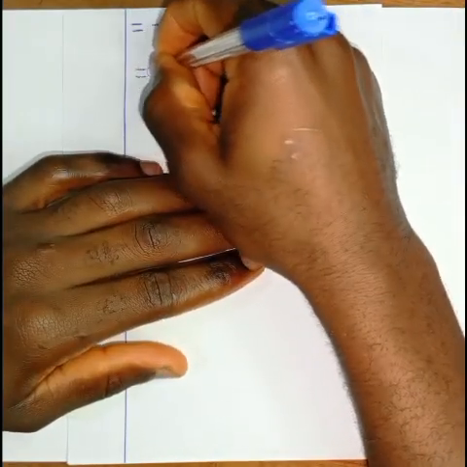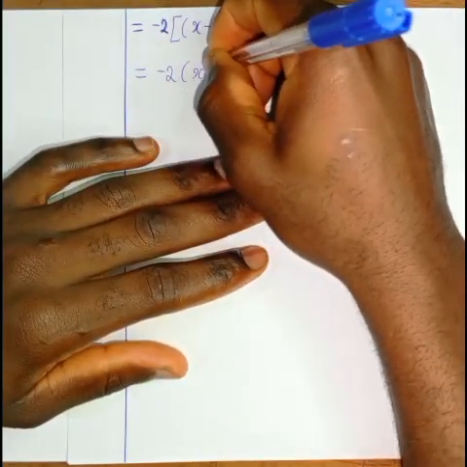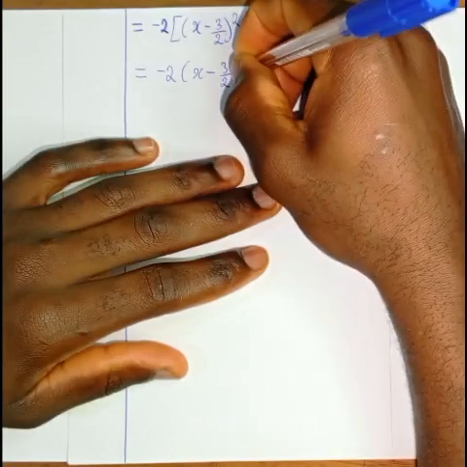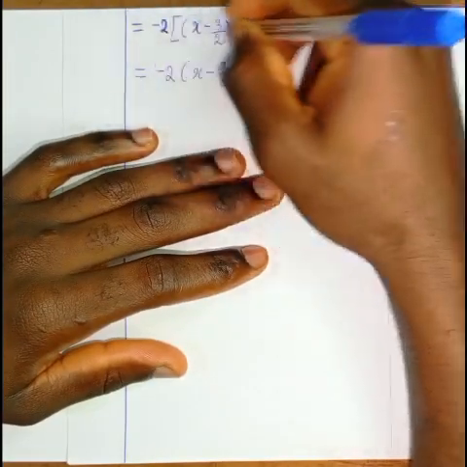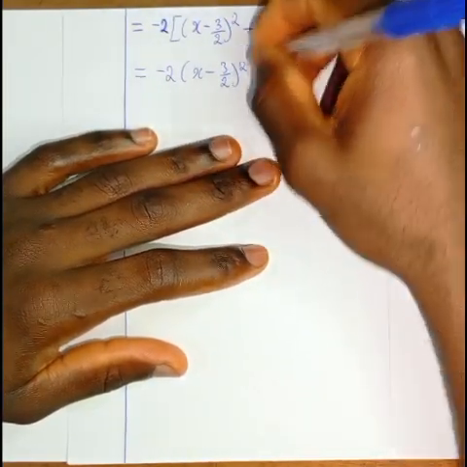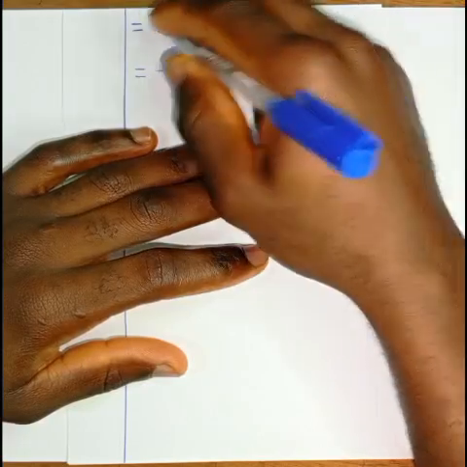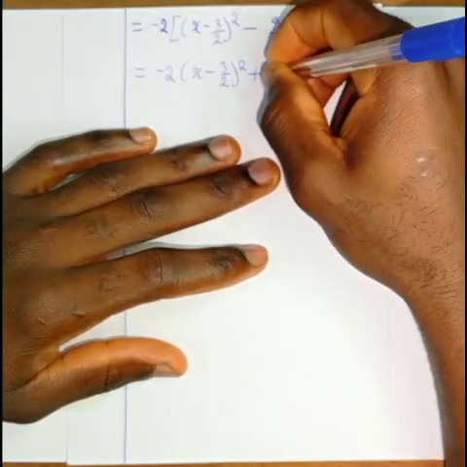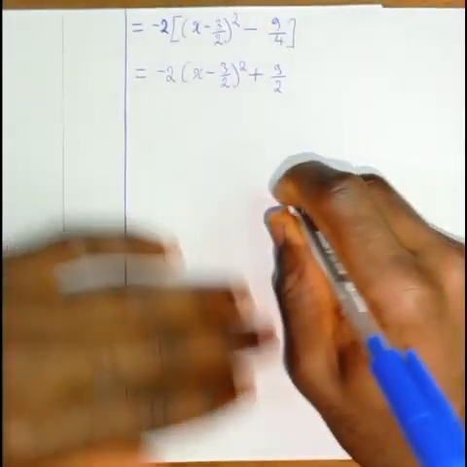So this will be equal to negative 2 times x minus 3 over 2, all this squared, negative 2 times negative 9 over 4 becomes positive. We know 2 going into 4, 2 times 9 over 2.